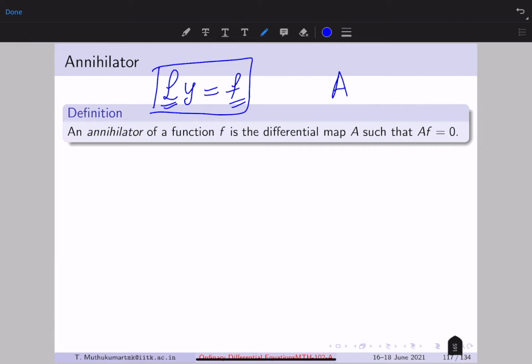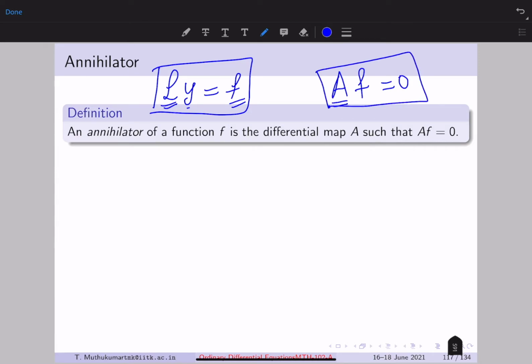What you don't know is y, right? F is given and L is given. So now you look for a differential operator, right? When I say differential operator, I mean look for a differential equation such that if I apply the derivatives on f, it's 0.